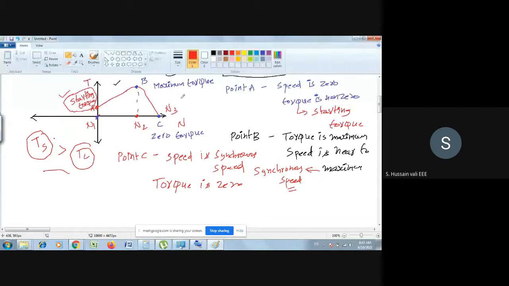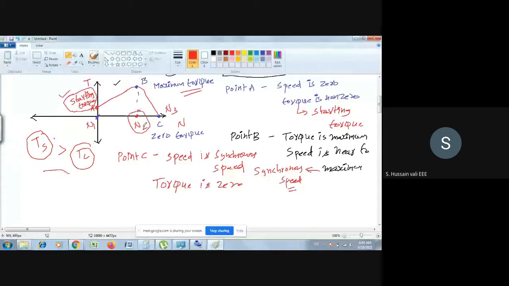Why is it required? Just now I told you that, for example, instead of a washing machine, you have a grinder. I hope you know that the load torque in a grinder is very high. You can make the induction motor achieve maximum torque by running it at a certain speed.